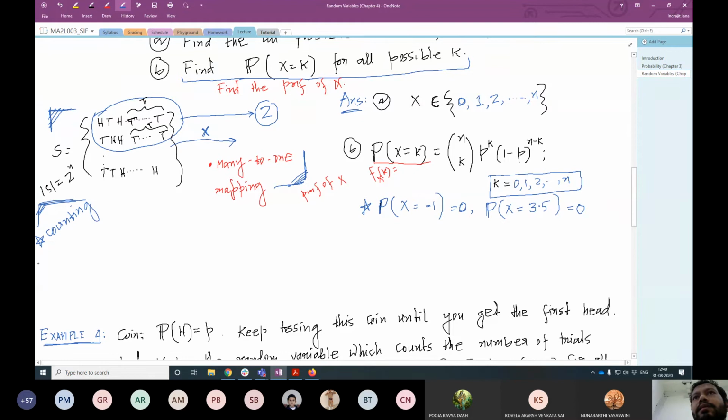So this example 3, this model example, is counting the number of successes in n trials.